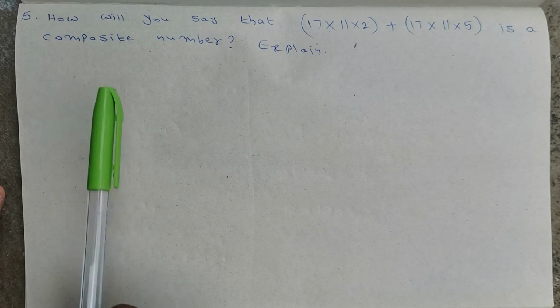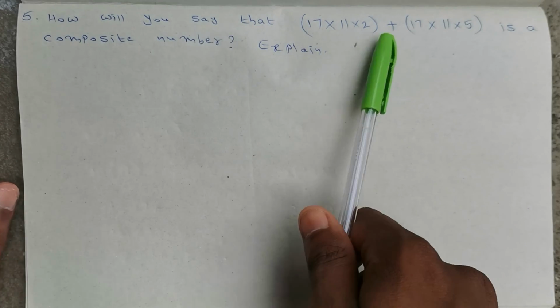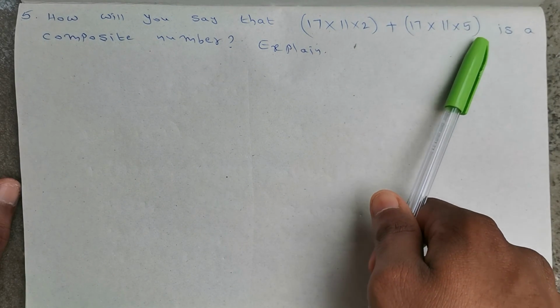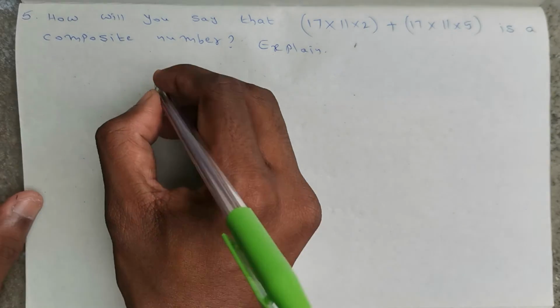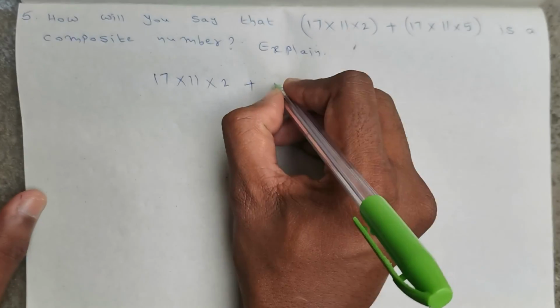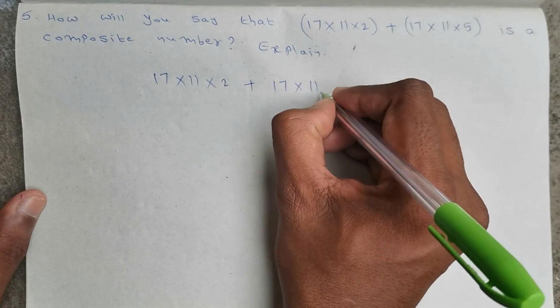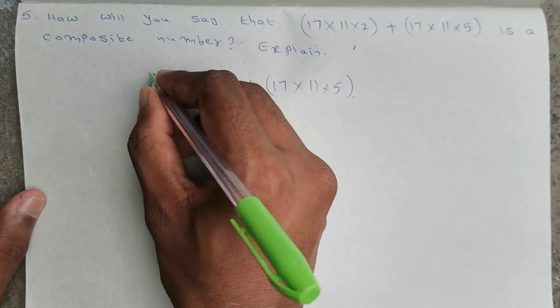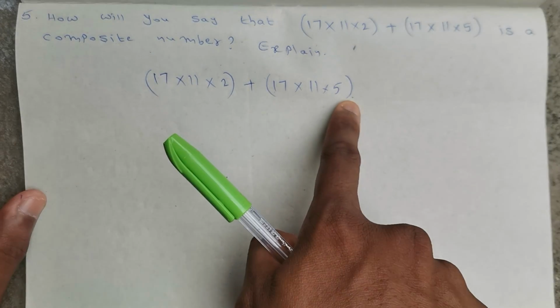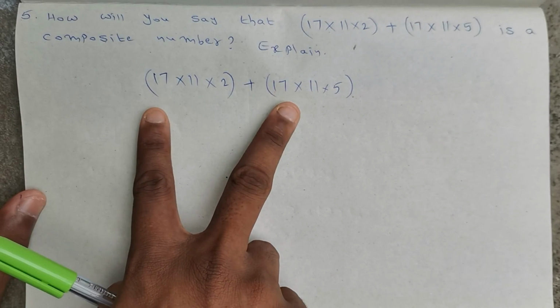Okay, next, fifth bit. How will you say that 7 into 11 into 2 plus 7 into 11 into 5 is a composite number? Here this total is multiplication only, a single term, and this total is multiplication only, a single term, so total two terms are there.